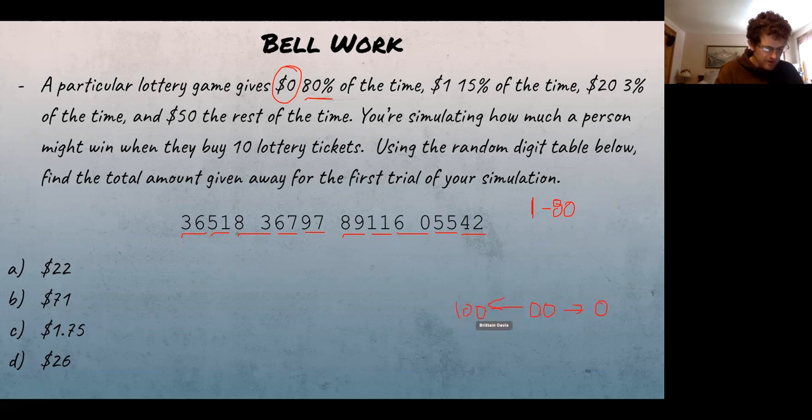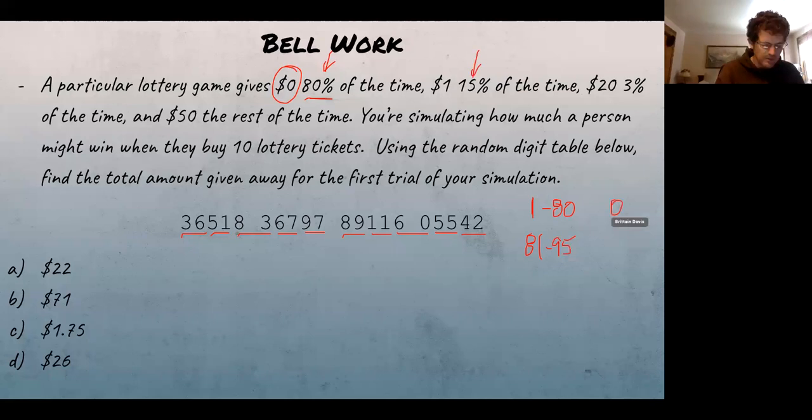In some cases, it's easier to think of this 00 as 100. That way you can just start at 1. Otherwise, you always have to mentally subtract 1. So my first number is 1 to 80. That represents the 80% of the time that I'm going to get no money. And then I'm going to go 81 to 95, which represents the 15% of the time that I get $1.